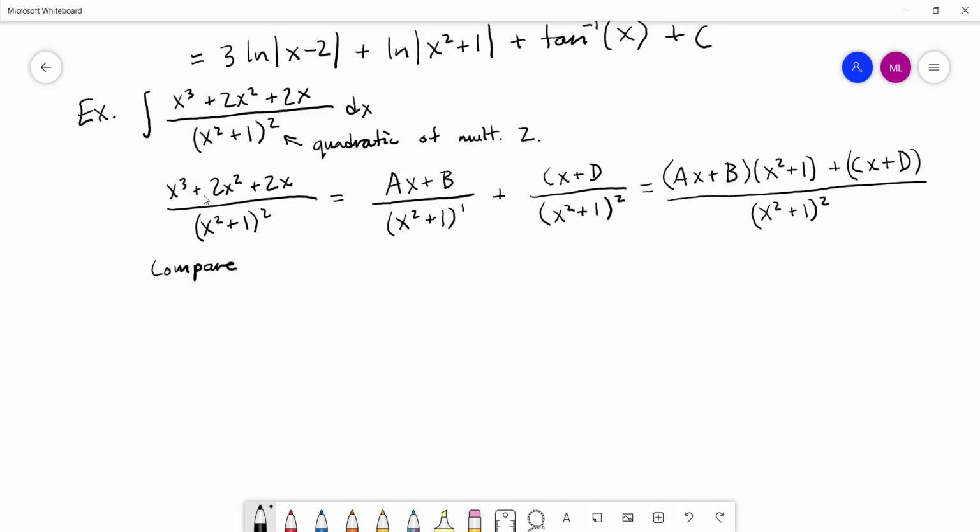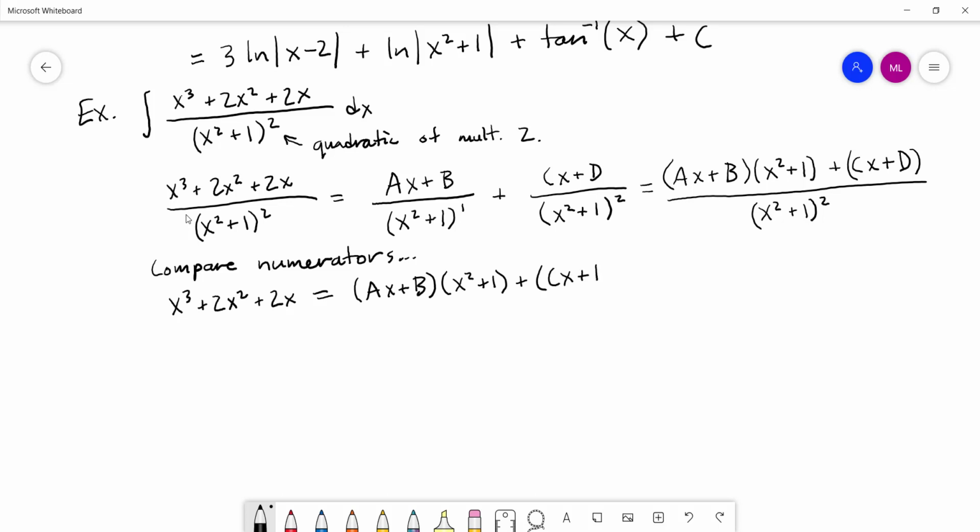And when we compare numerators, I'll get x cubed plus 2x squared plus 2x is equal to, in this case, ax plus b times x squared plus 1 plus cx plus d.